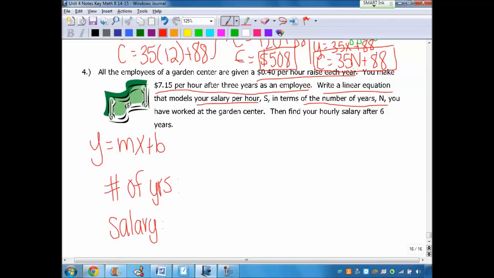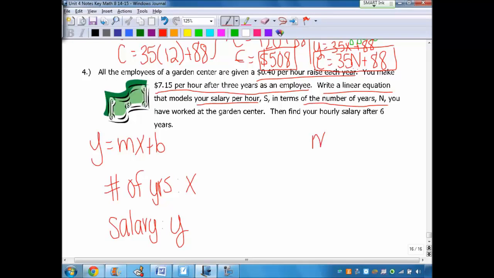So your salary depends on the number of years that you have. So if you make $7.15 per hour after 3 years as an employee, that's because you worked there for 3 years, so the number of years is your independent variable. This is x. Your dependent variable then is your y.